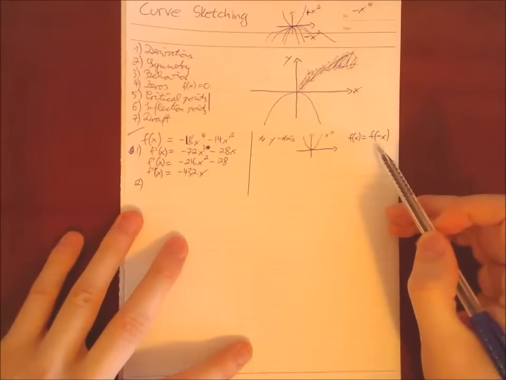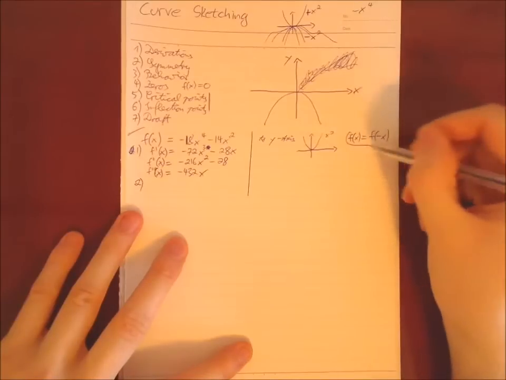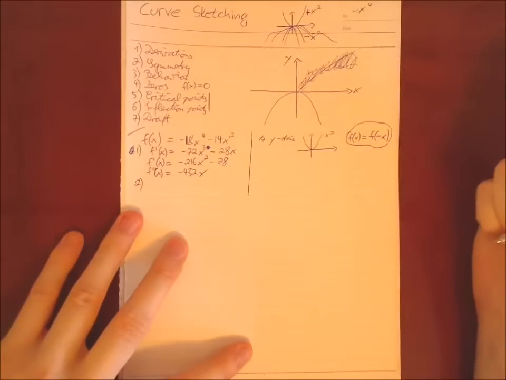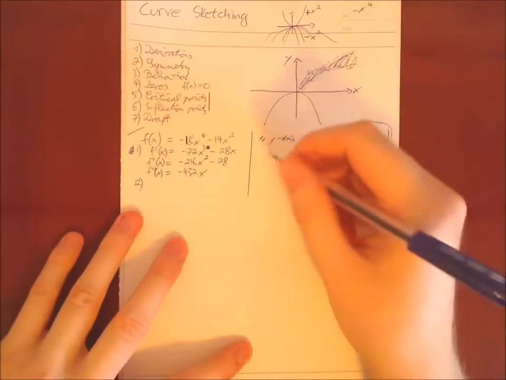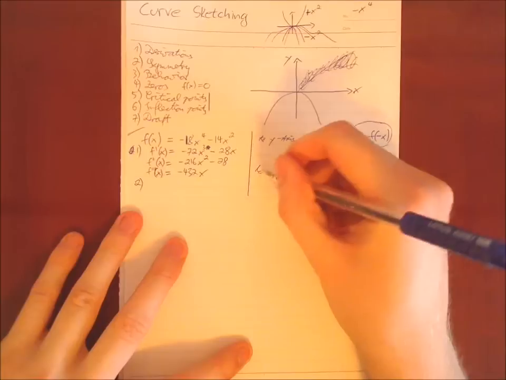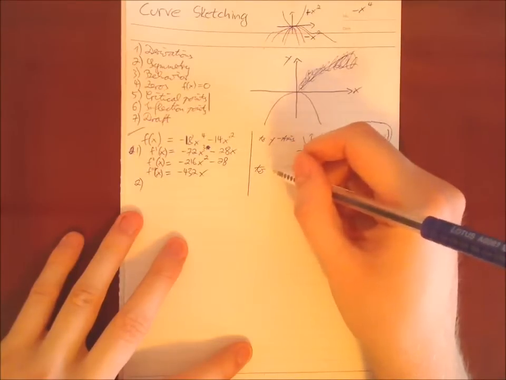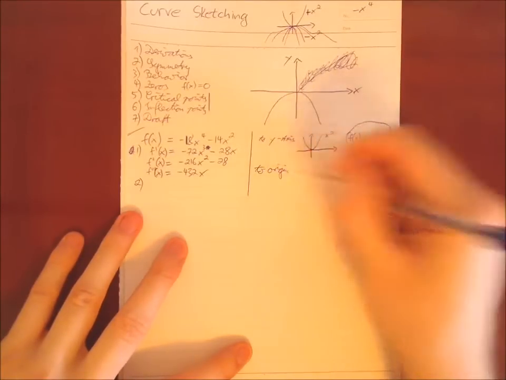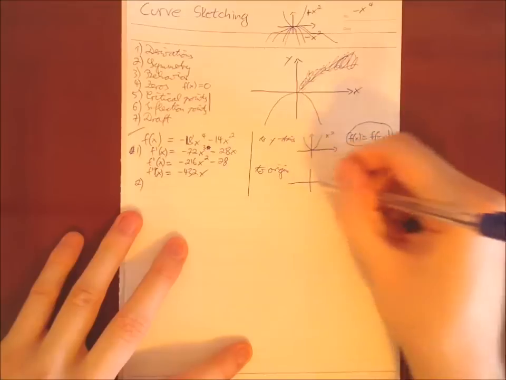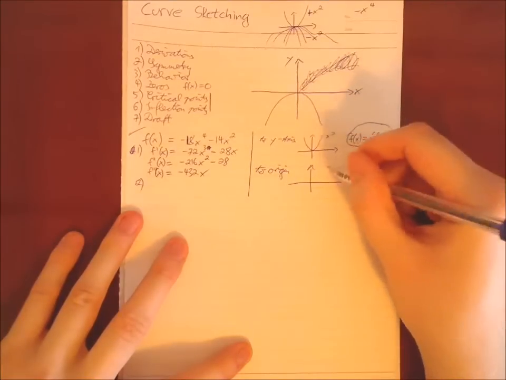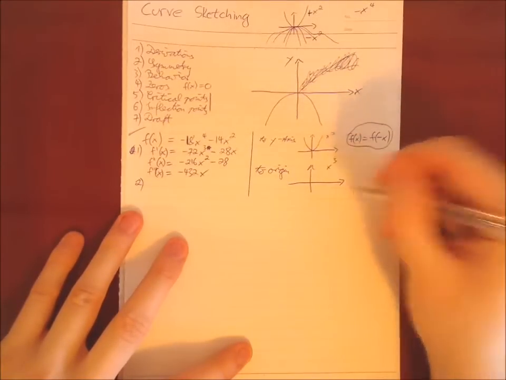Okay, so this is the equation we need to determine, to prove whether we have symmetry to the y-axis or not. The same thing we can do with symmetry to the origin. Then we have a function, for example, x to the power of 3.